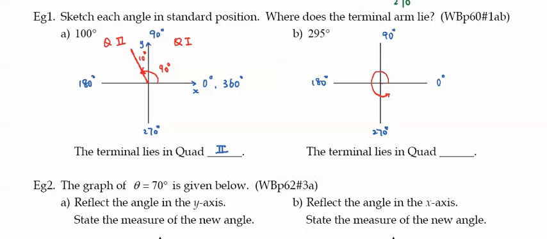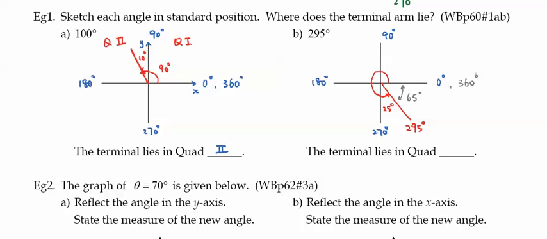By 25 degrees. This will give us 295 degrees. This goes beyond 270 by 25 degrees, and also this terminal arm will be 65 degrees away from 360.